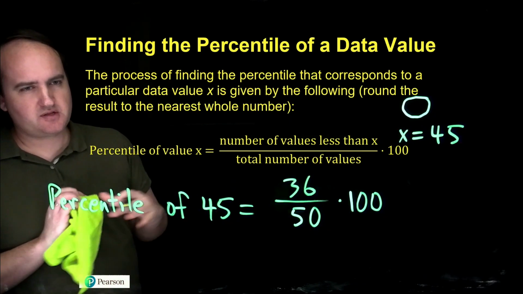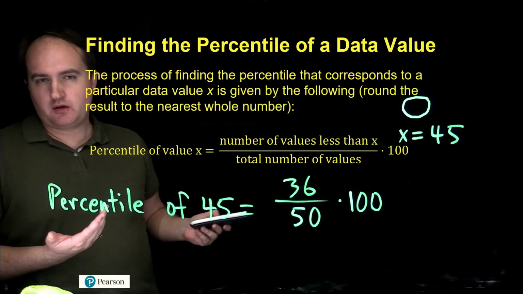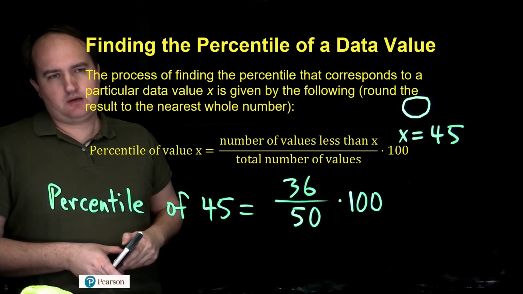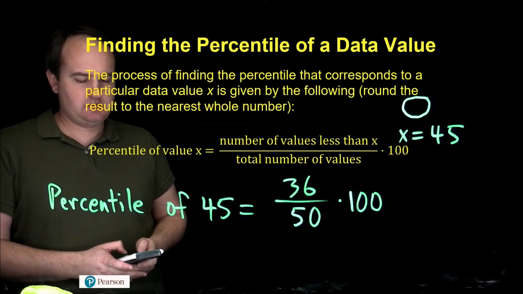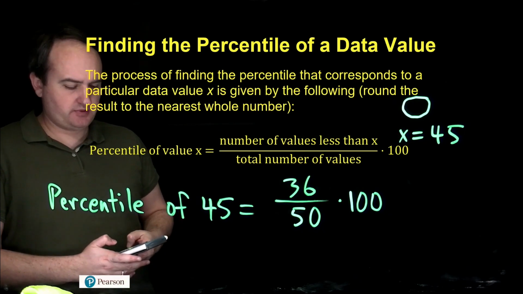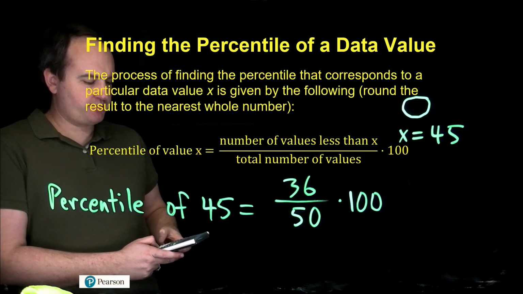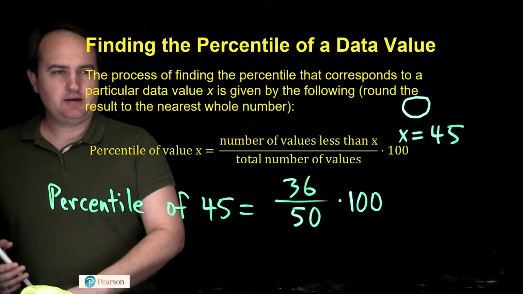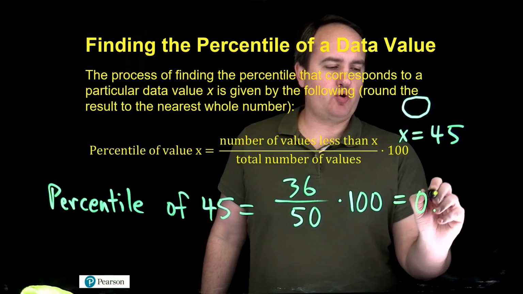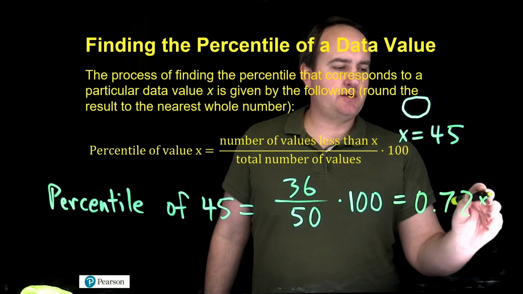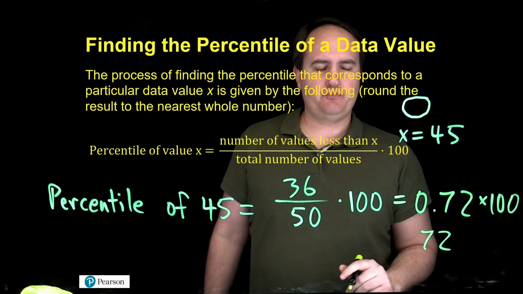So how do we do this on the calculator? You may be able to type it in all at once, or you could do it in 2 steps. We could do 36 divided by 50, press enter, that gives us 0.72, and then we multiply times 100. So this is the same as 0.72 times 100, which is 72.